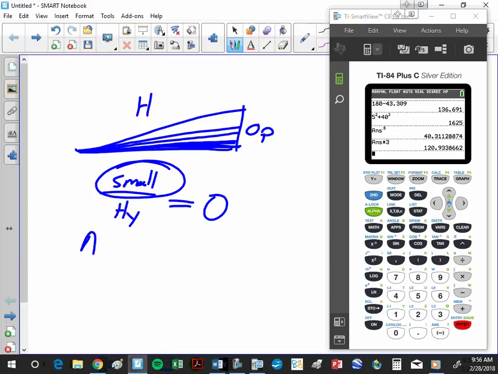The adjacent stays where it is, and the hypotenuse is approaching the adjacent. So the cosine is approaching 1. Because when you have a 0-degree angle, the adjacent and the hypotenuse are actually the same length. Right? They're the same distance. All right.